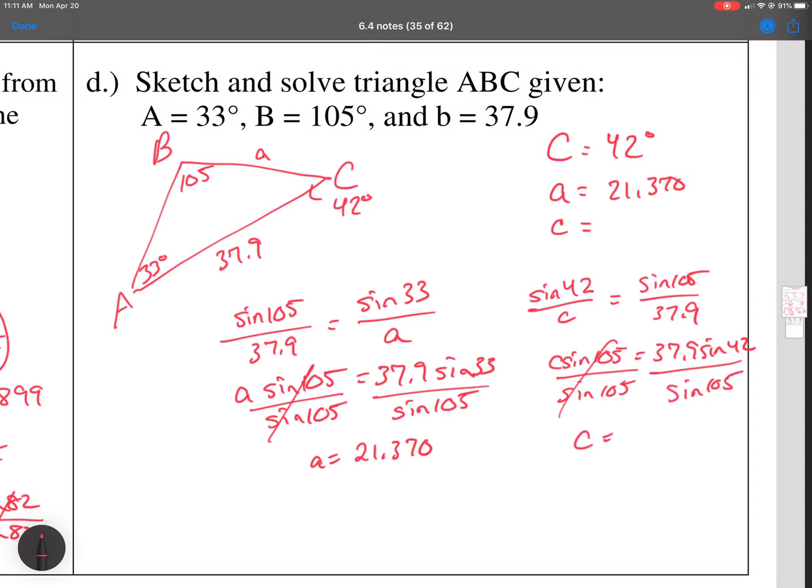C equals 26.255. And that is the conclusion of the first half. That is all the information you need to find when it says solve a triangle.